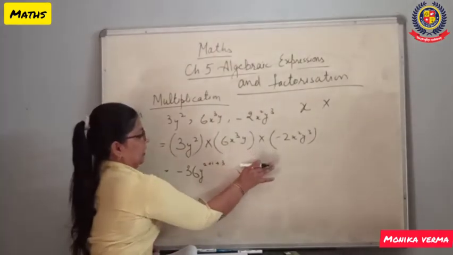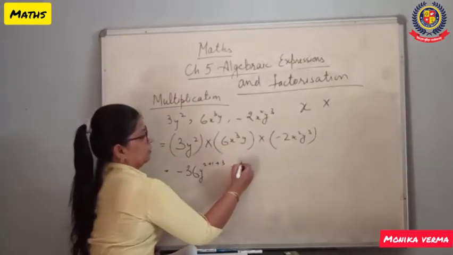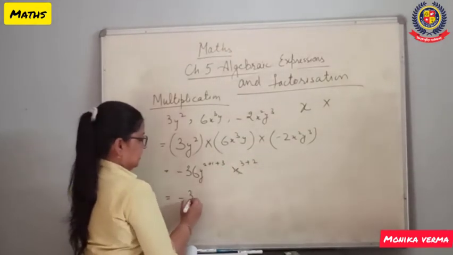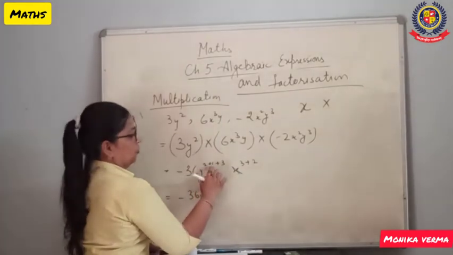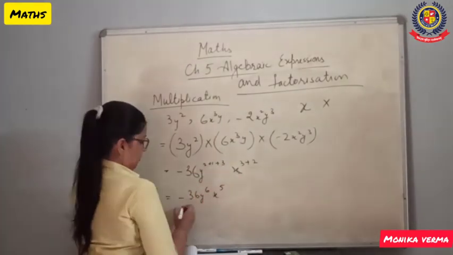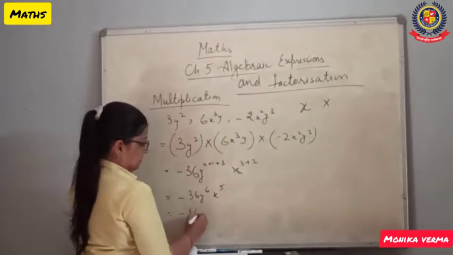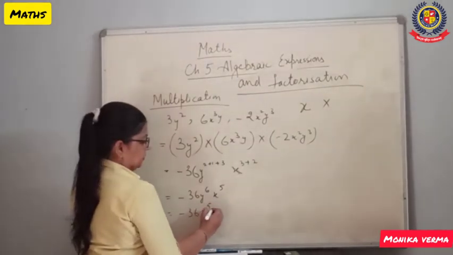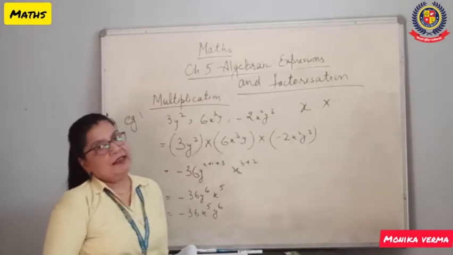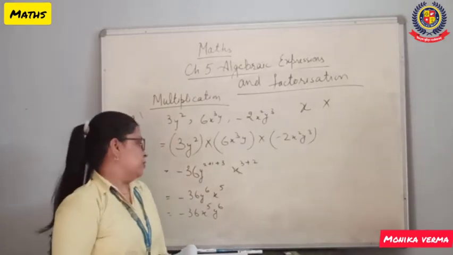Then we have x, 3 plus 2. So we will have minus 36 y 2 plus 1 plus 3 is 6, x 5. We can also write this as minus 36 x 5 y 6, because usually we write x earlier than y. Okay, so this is our answer.